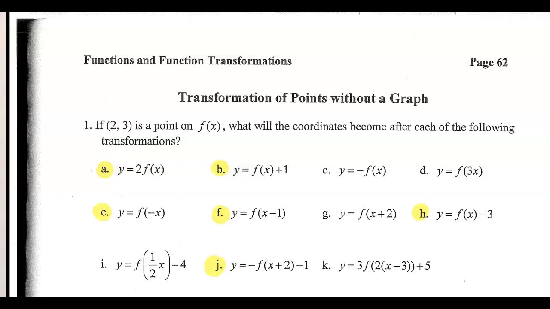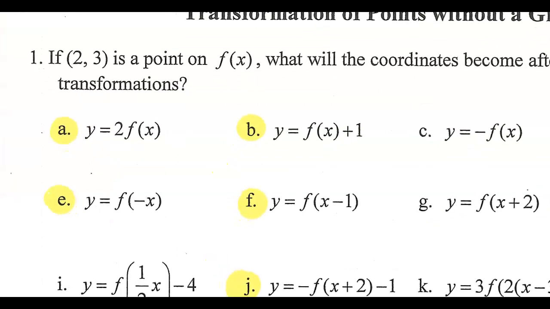Before we do anything, even though I've highlighted which ones I'm about to do, I want you, on top of the respective questions, all of them actually, to determine: is the transformation that's occurring happening inside the parentheses with x, or outside the parentheses away from x? For letter A, this one is an outside transformation because the 2 is outside of f(x).